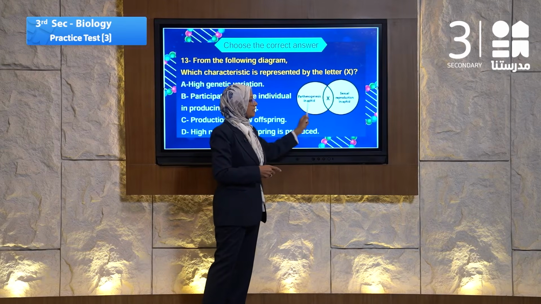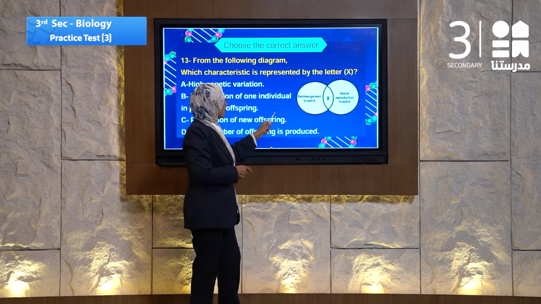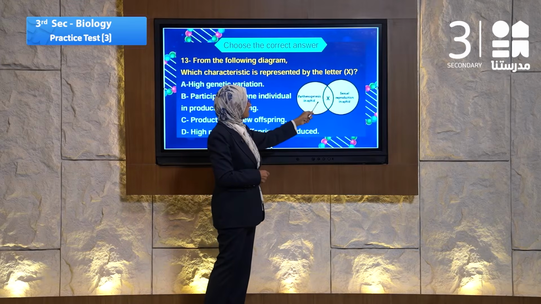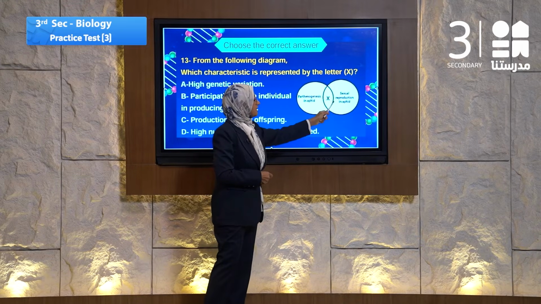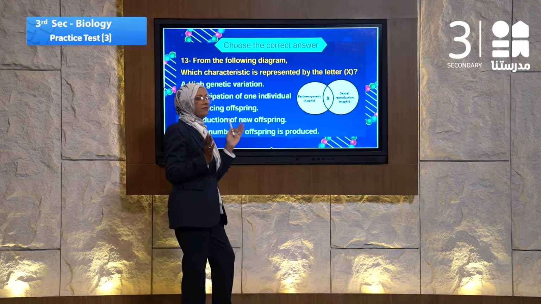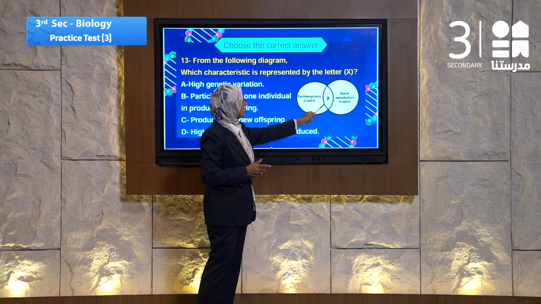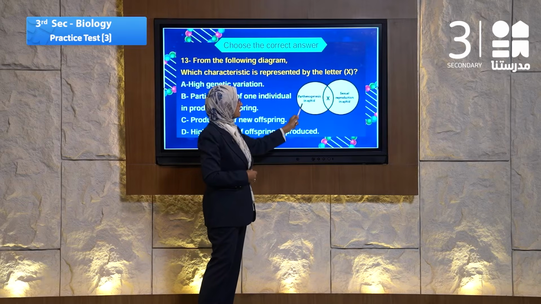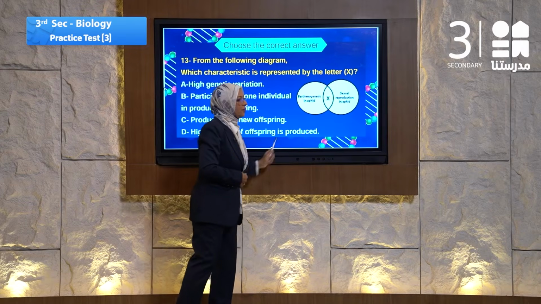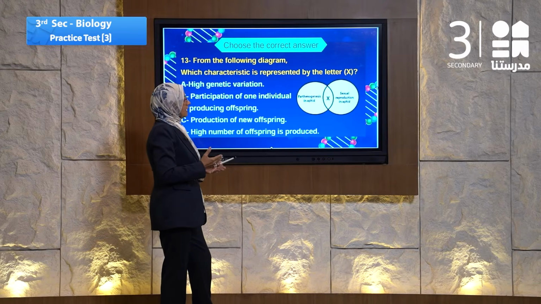They are found in the same living organism. One of them is parthenogenesis and the other is sexual reproduction. There are many differences between them, but there is X. X here is common between the parthenogenesis in aphids and the sexual reproduction in aphids.